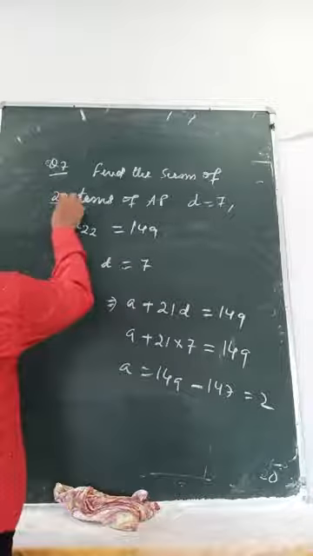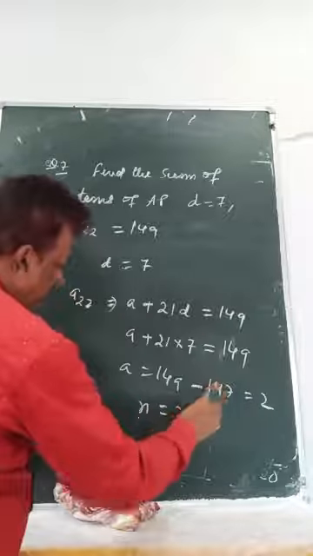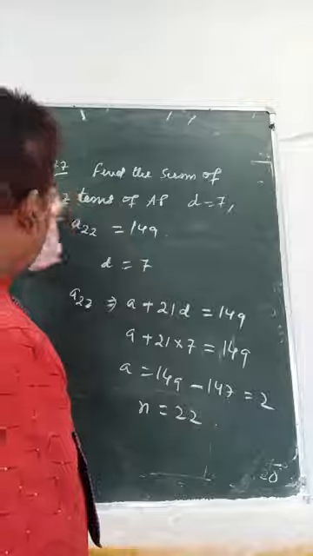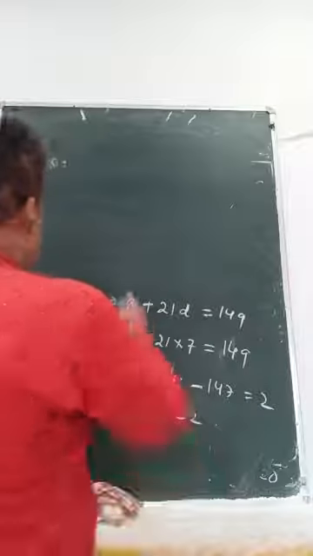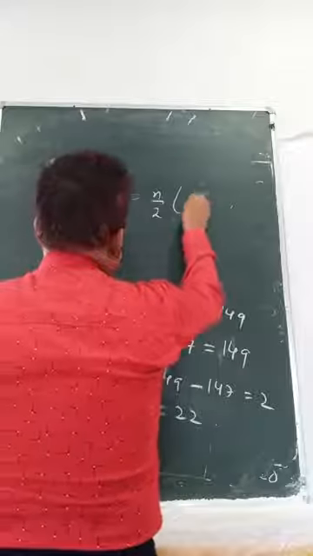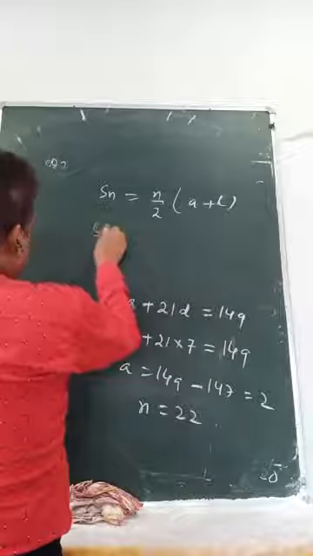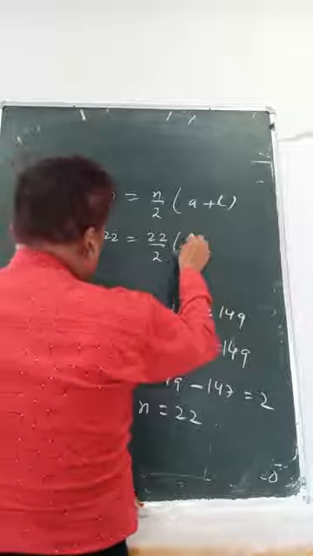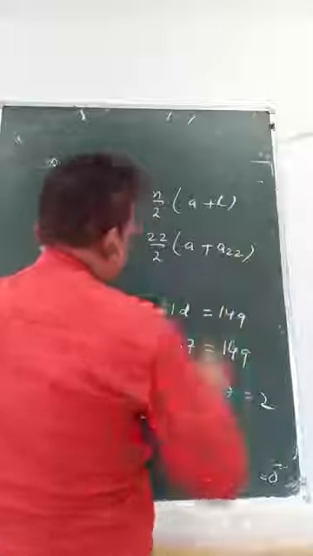Sum of 22 terms means n equals 22. We want to find out S22. Actually, Sn equals n by 2 into a plus l. Now S22 you are asked: 22 by 2 into a plus last term, which is a22 here.